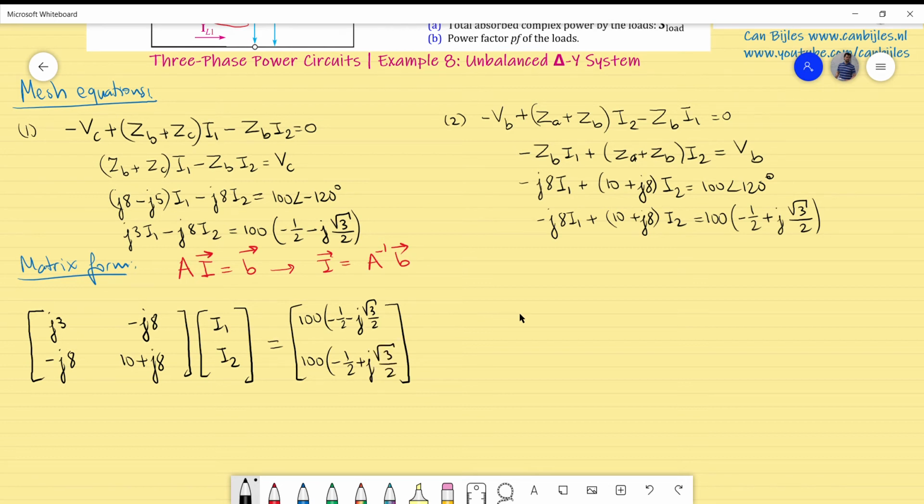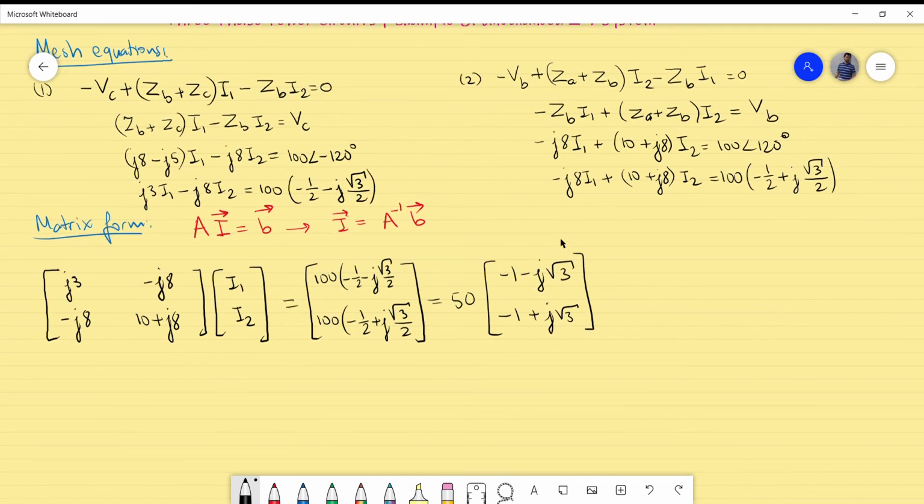What I can do already is simplify by taking a scalar outside the vector. I will take 50 outside, so this will be 50 times minus 1 minus j square root of 3, and the other one minus 1 plus j square root of 3. This will be easier to read and much easier to handle in further calculations.